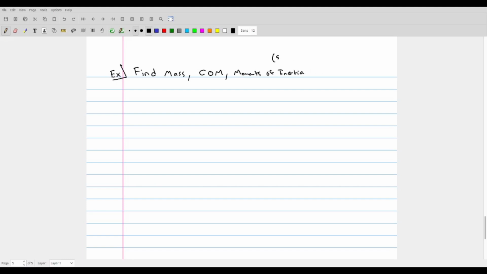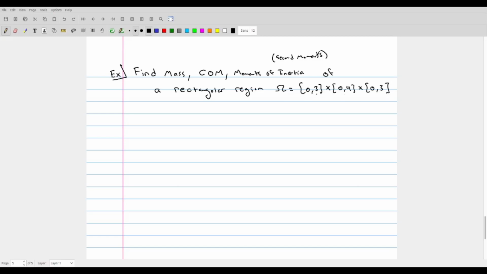sometimes called the second moments, of a rectangular region. So this will be for x from 0 to 3, for y from 0 to 4, and for z from 0 to 3. You can think of it like a beam or a rectangular column.